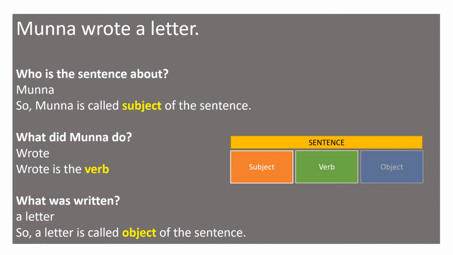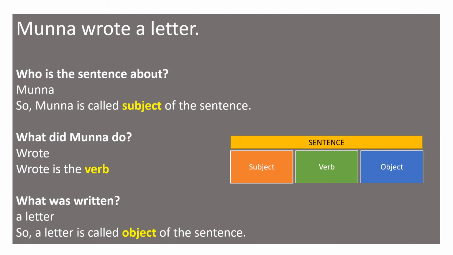verb, and object. In the first part of the sentence, there will be the subject, and following the subject, the verb will be there, and at the end of the sentence, preceded by the verb, there will be the object.